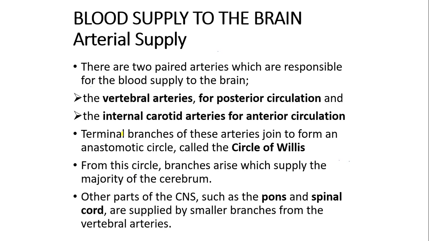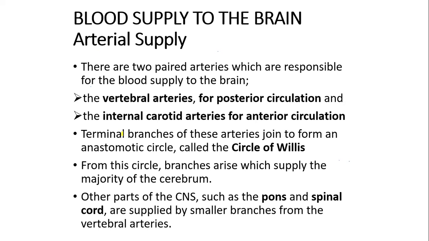Two paired arteries are responsible for the blood supply. The first is the vertebral arteries for the posterior circulation, posterior meaning the back. The internal carotid arteries supply the anterior circulation, anterior meaning the frontal part.